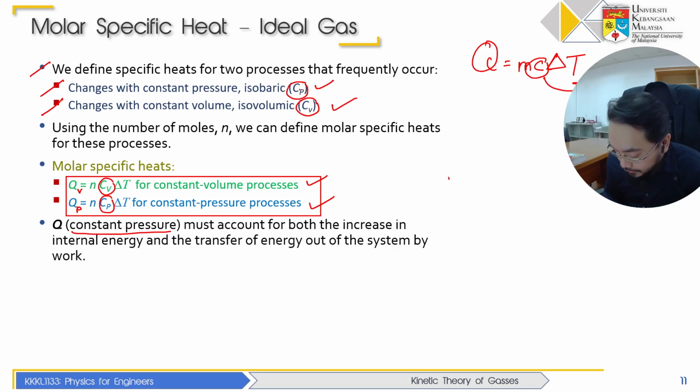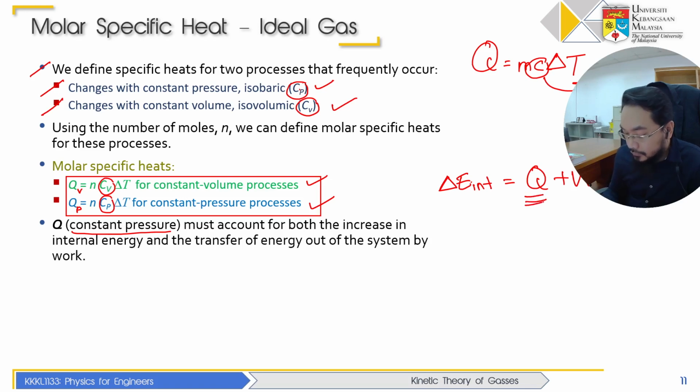That means it must obey the first law of thermodynamics, E_int equals Q plus W. So the value Q must account for both the increase in internal energy and the transfer of energy out of the system by work. Why? Because in a constant pressure process, there must be a change in volume. When there is a change of volume, that means there's some sort of compression or expansion going on.